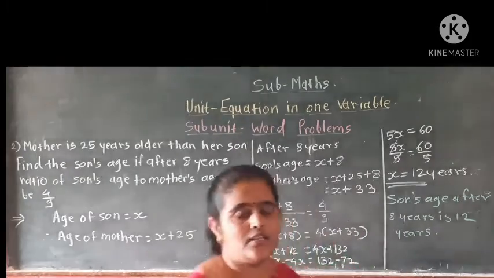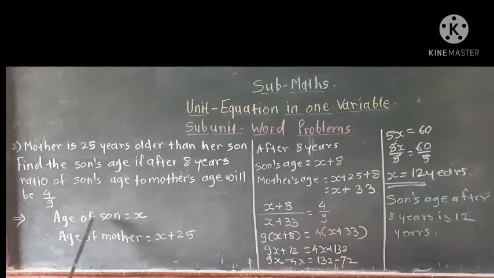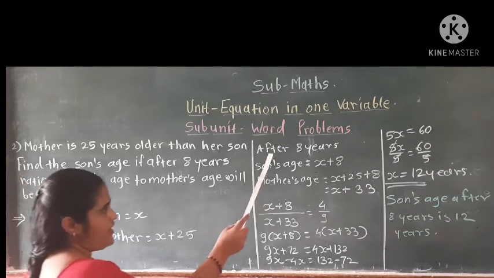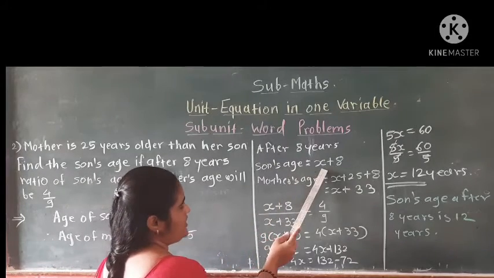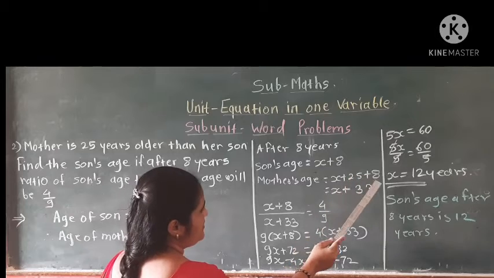Let's see this example again. First we have to consider the age of son is x, then the age of mother is x plus 25, because mother is 25 years older than her son. After 8 years, the age of son is x plus 8 and the age of mother is x plus 25 plus 8.